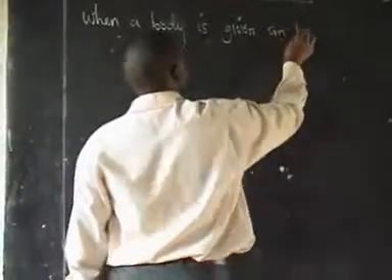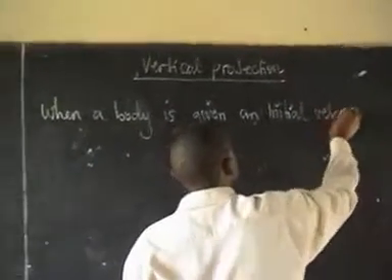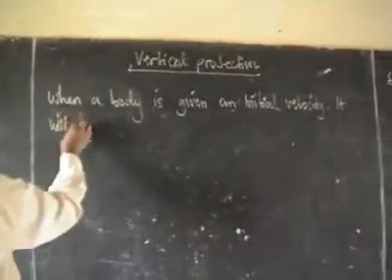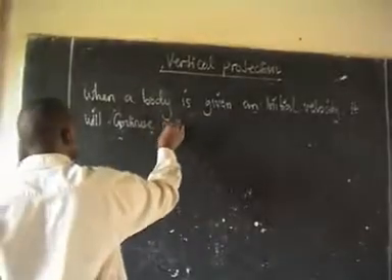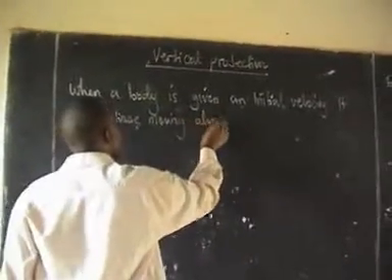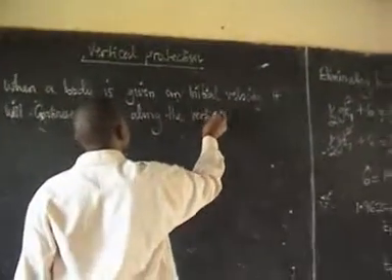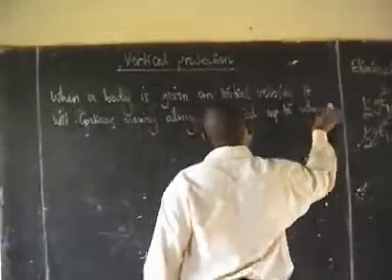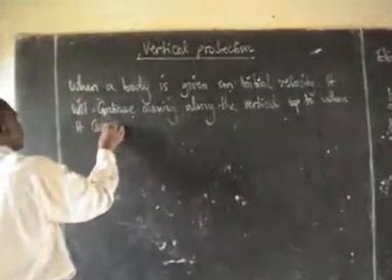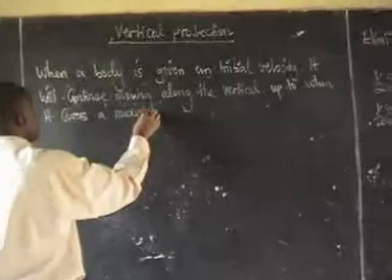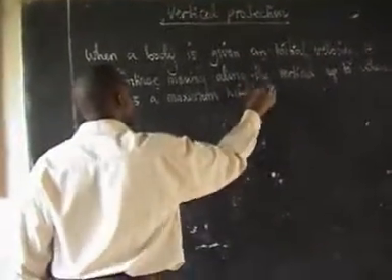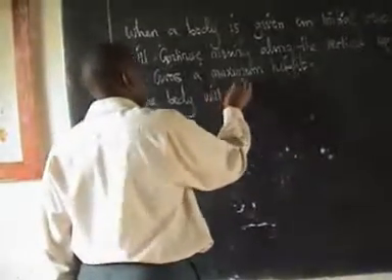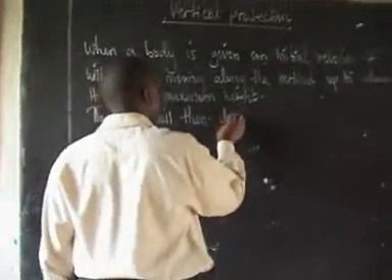So when a body is given an initial velocity, it will continue moving along the vertical up to when it covers the maximum height. So the body will then drop.